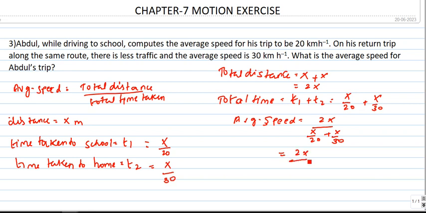So 2x by 30x plus 20x by 600. So we have 2x by 50x into 600. So the average speed works out to be 24 km per hour. So this is the average speed of Abdul.